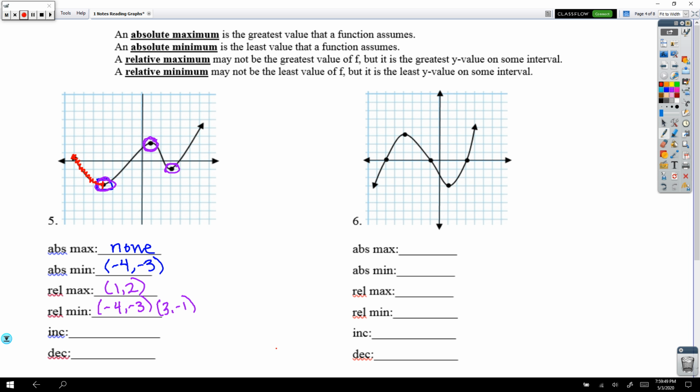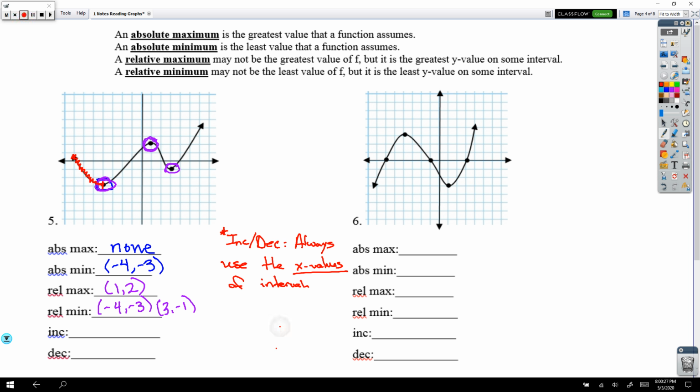Now, it's important to remember with increasing and decreasing, we always use the x values of the interval. And that's what makes this confusing, because when you think about increasing and decreasing, you're looking at the graph as things move up and down. So you want to use y values because you're thinking up and down. But you always want to bring that interval to your x-axis and use the x values to describe that interval.